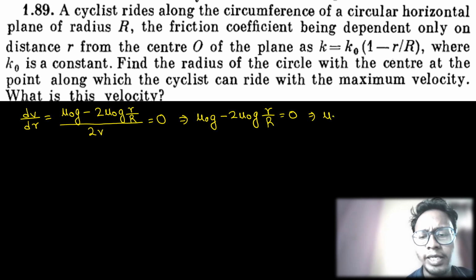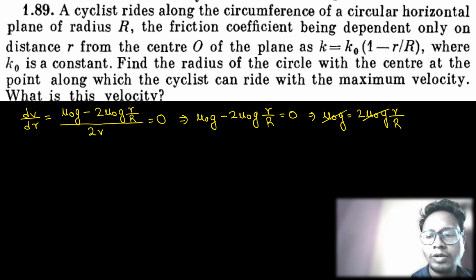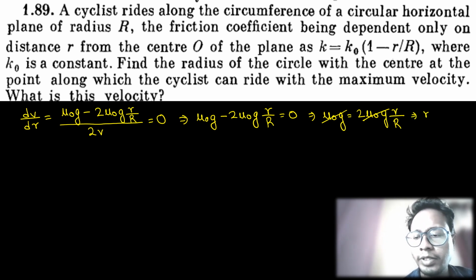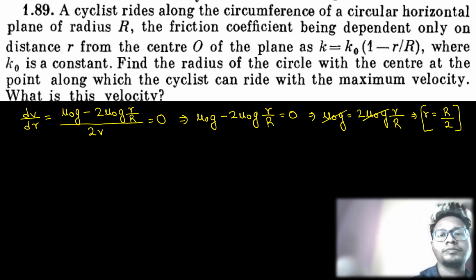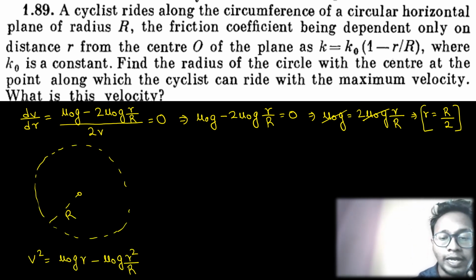Or I can simply say mu naught g is equal to 2 mu naught g r by capital R. Mu naught g and mu naught g would get cancelled, or r is equal to capital R divided by 2. So at r equal to capital R by 2, that means exactly at the midpoint of the radius, in this orbit the cyclist can travel with maximum velocity.